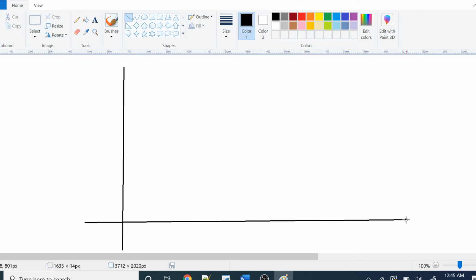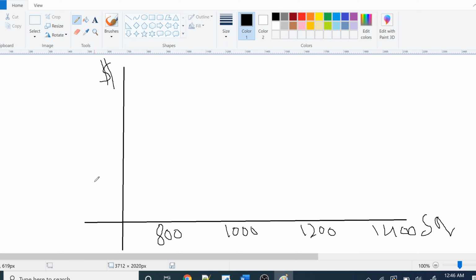I'm going to consider square feet of the house on the x-axis and price of the house on the y-axis. Let's take some data points where square feet of the house varies starting from 800 square feet, 1000 square feet, 1200 square feet, or 1400 square feet, etc. On the y-axis, we'll take the price of the house starting from 100k or 150k, 200k and 250k.